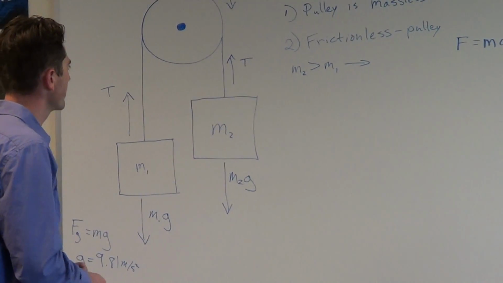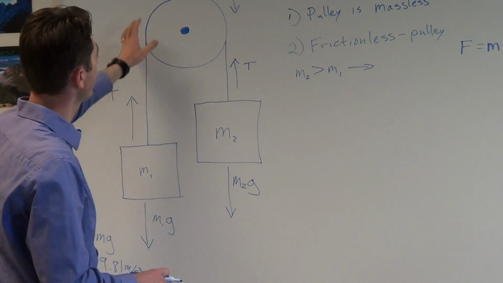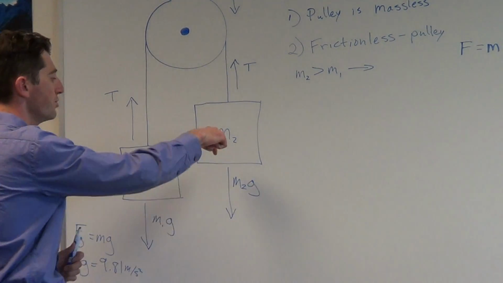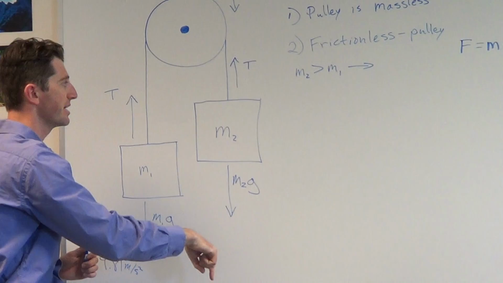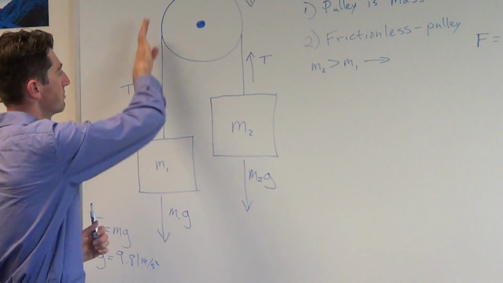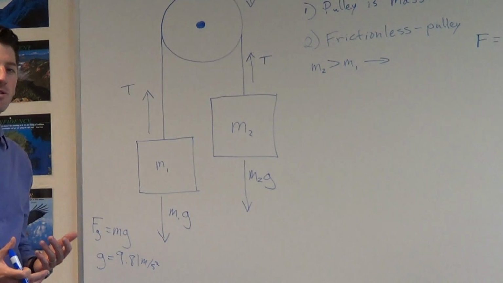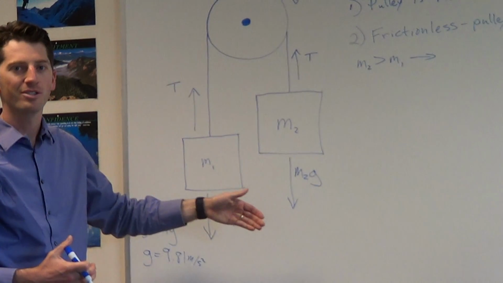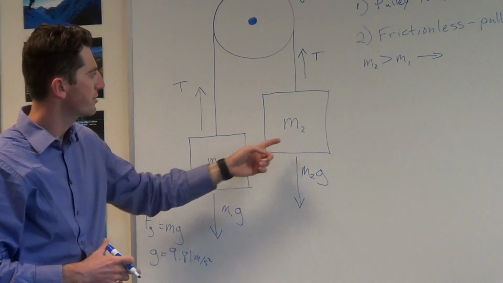What we're going to do is say that the forces that are going clockwise are going to be positive because this whole system is going to be going in this direction. So m2 is going to be going downward, and so the string that's going downward will be going in a positive direction. I always like to set up my equations so that everything is positive. Whichever way this is moving, I'll just set that as my base point. So I can do this one first, or I can do this one first.